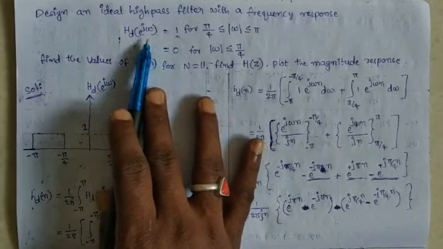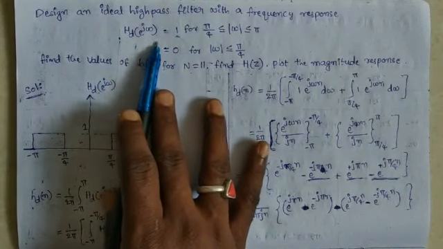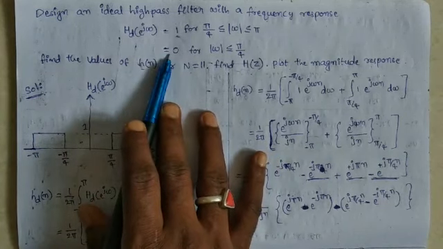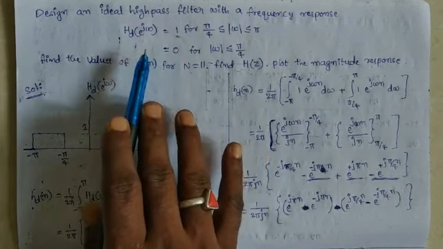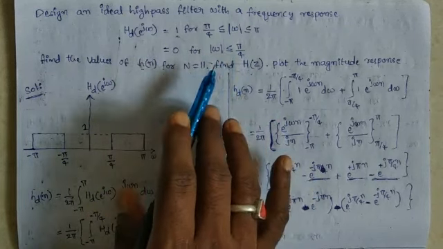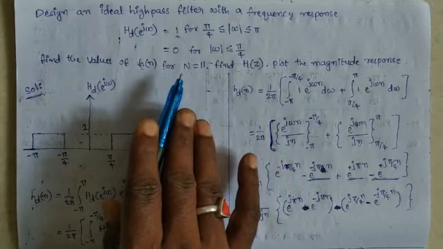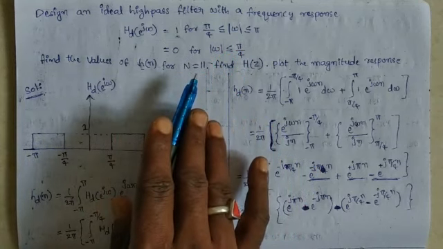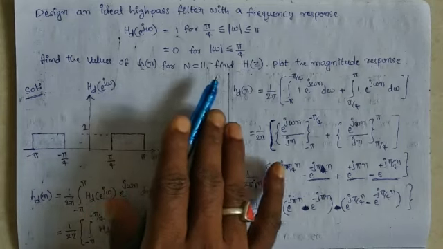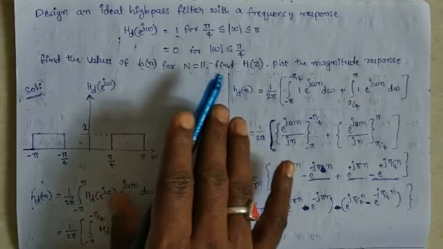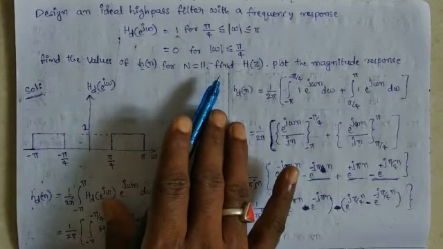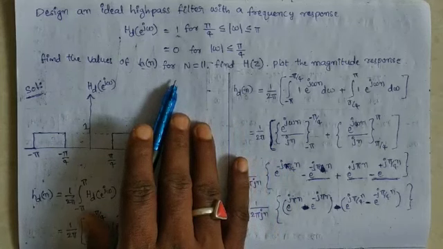In the first step, HD of e power j omega is given. From that we determine the HD of n. That HD of n is symmetrical about alpha equal to 0. This means HD of n satisfies the symmetry condition, that is HD of n is equal to HD of minus n.